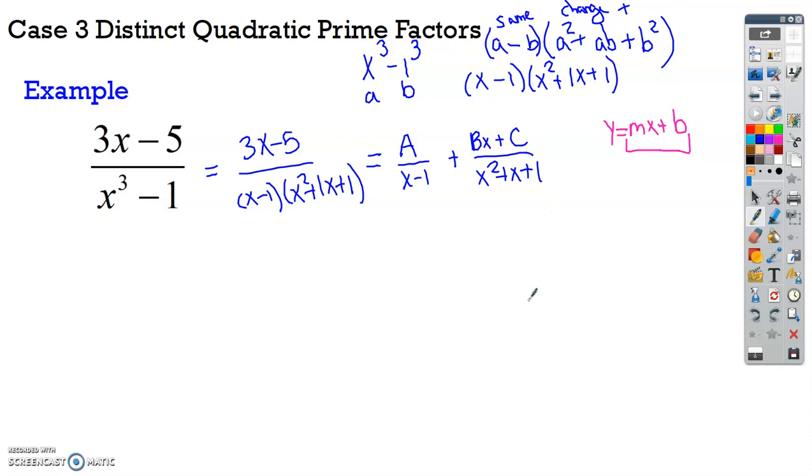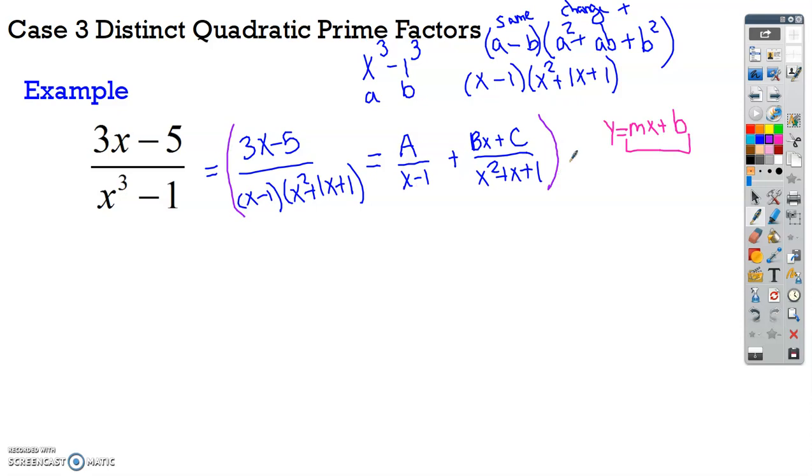All right, let's look at case 3, which was distinct quadratic prime factors. So we had, remembering how to factor a cubic, and then we had broken it apart into its 2 pieces. So we're going to pick up right here to actually solve through. Again, this is learning target number 2 now, where we are looking at solving for these partial fractions.